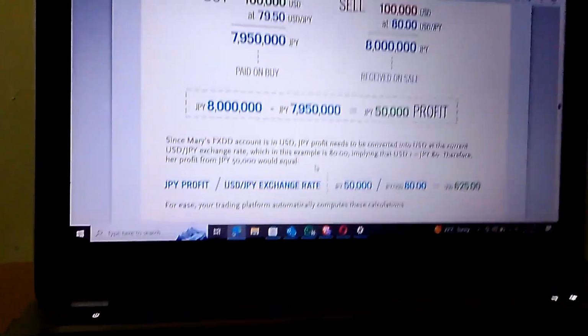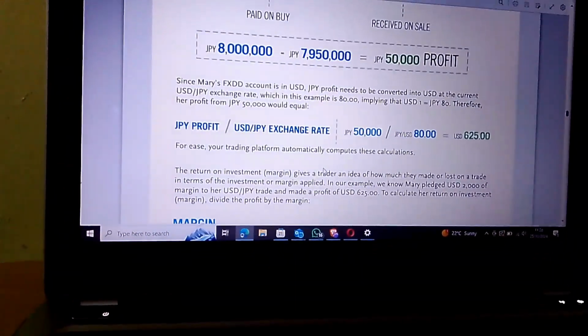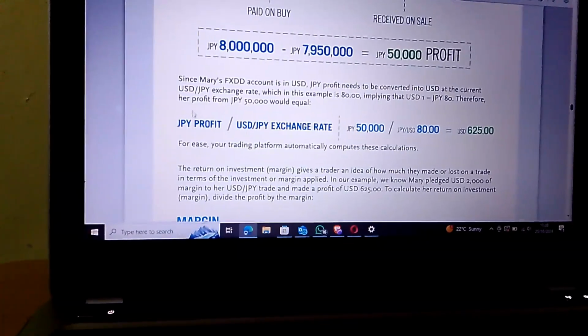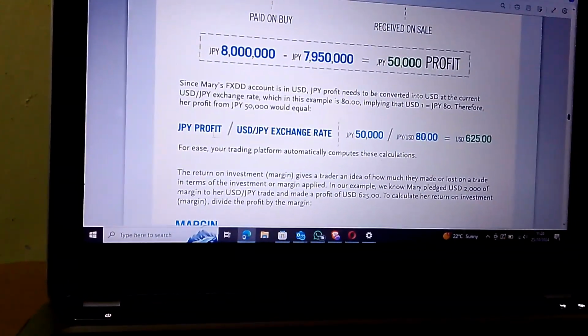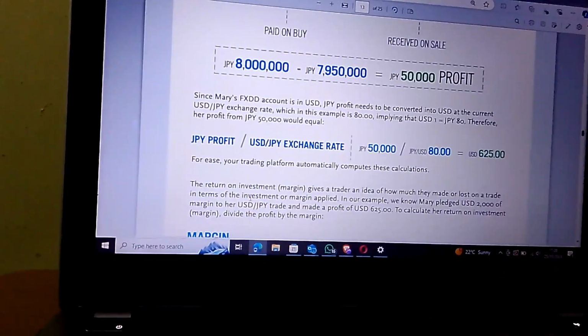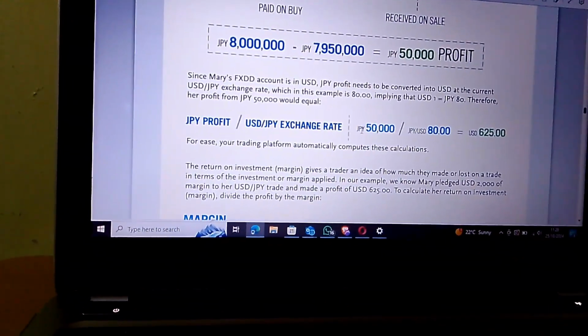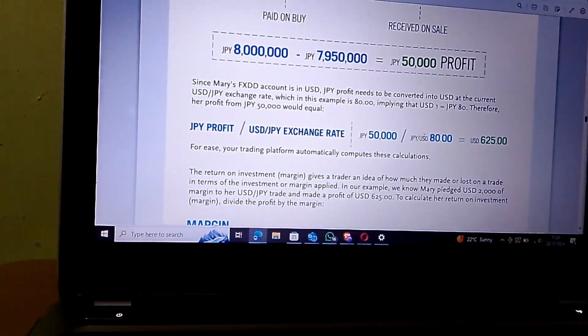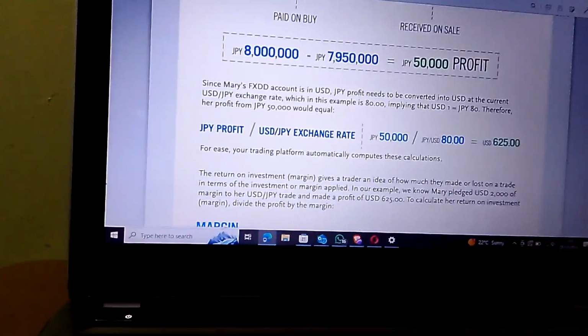So she needs to exchange it back to US dollars from Japanese yen, so you take the profit and divide by the exchange rate: 50,000 Japanese yen divided by 80.00.